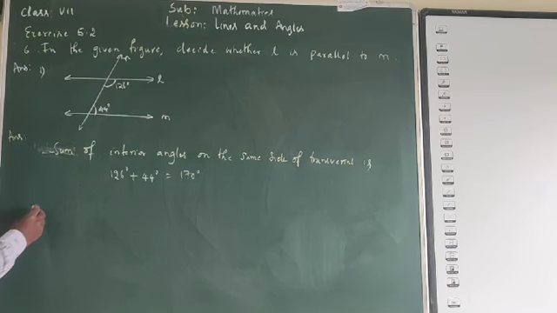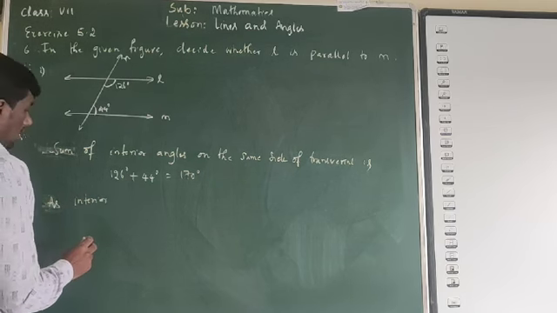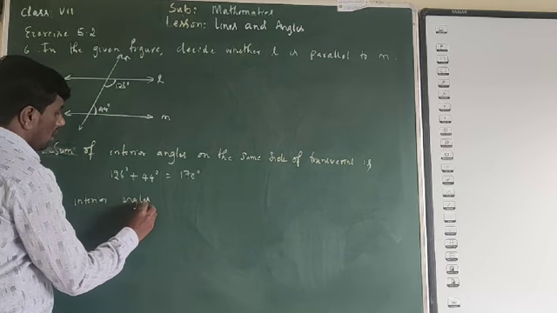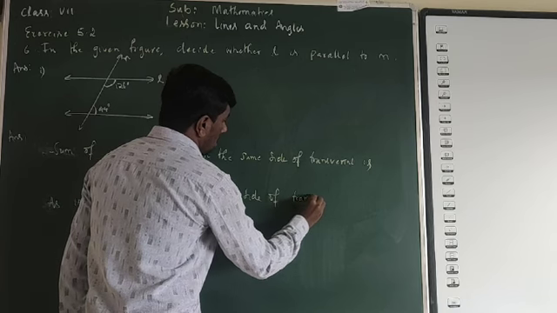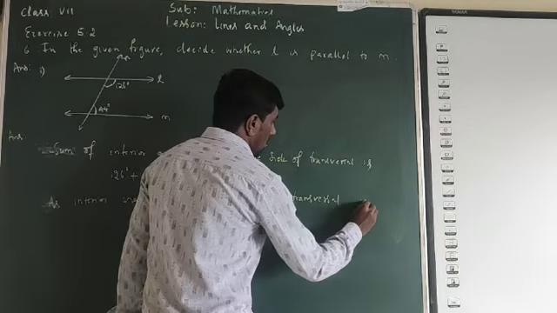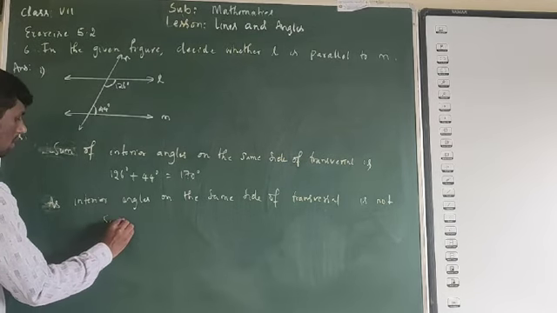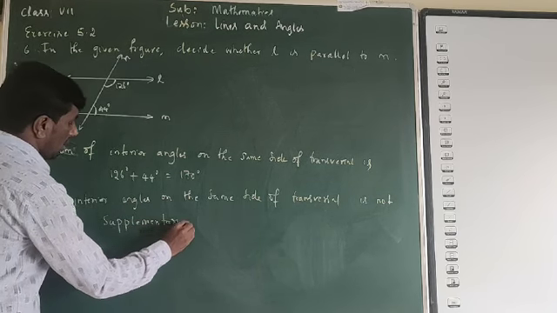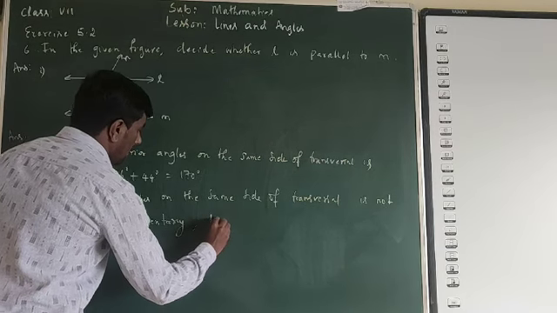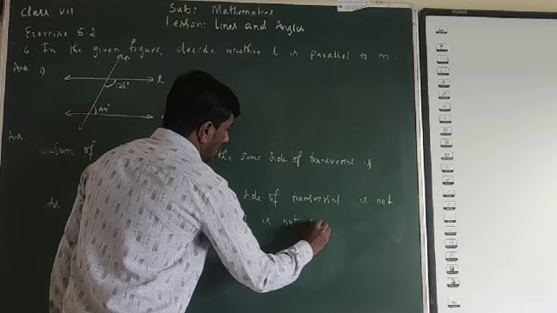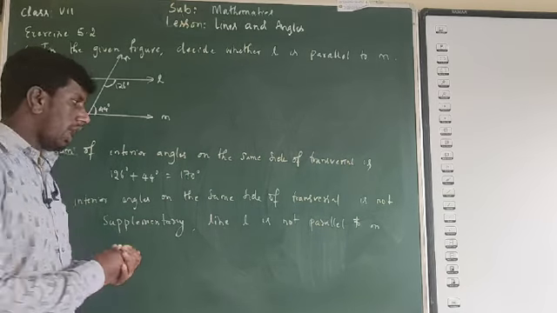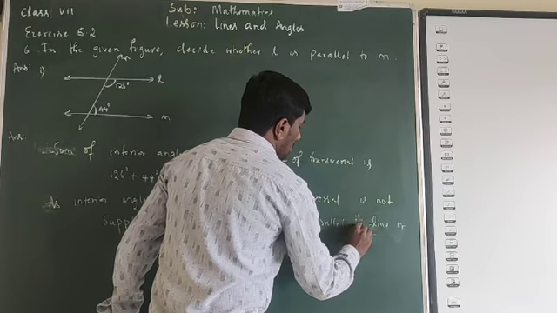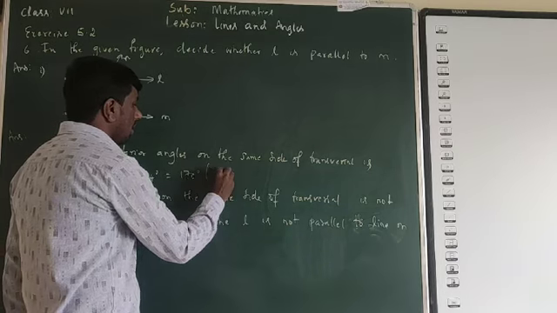As the interior angles on the same side of the transversal are not supplementary, line L is not parallel to line M. Because I am getting 170 degrees, not equal to 180 degrees.